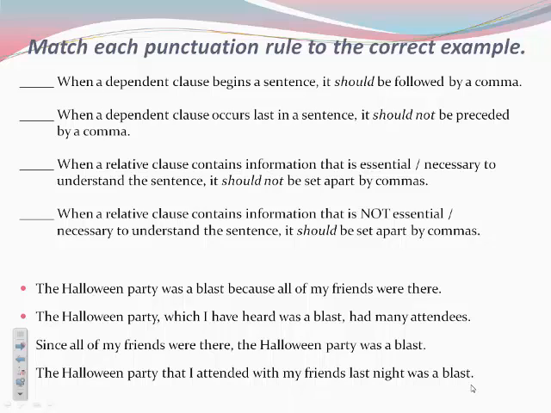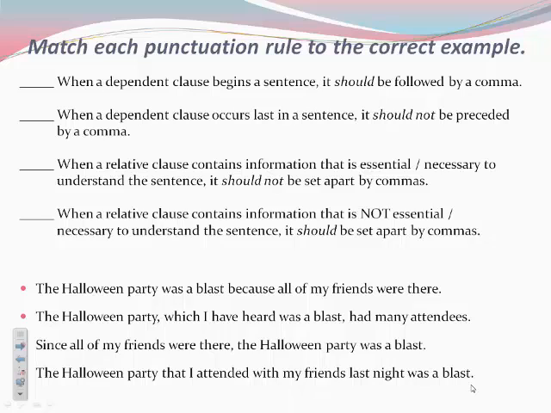It's functioning as an adjective describing the party, and it is not essential information to the sentence, so it is set apart by commas. So it goes with the 4th rule. When a relative clause contains information that is not essential to understand the sentence, it should be set apart by commas.